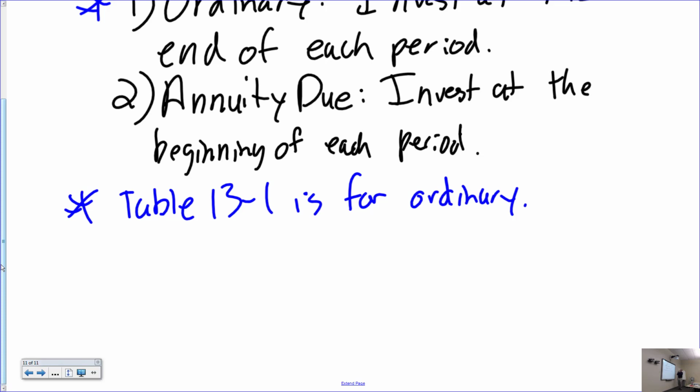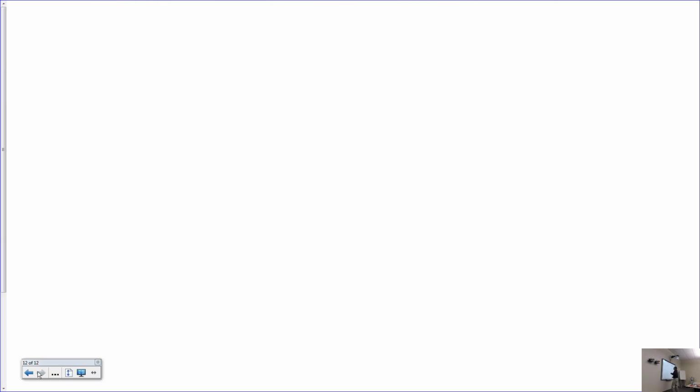Okay, so anyways, let's just do a couple of examples, one with ordinary and one with annuity due, and you'll see the difference. Okay, so let's do an ordinary annuity, all right? So let's keep it relatively simple.